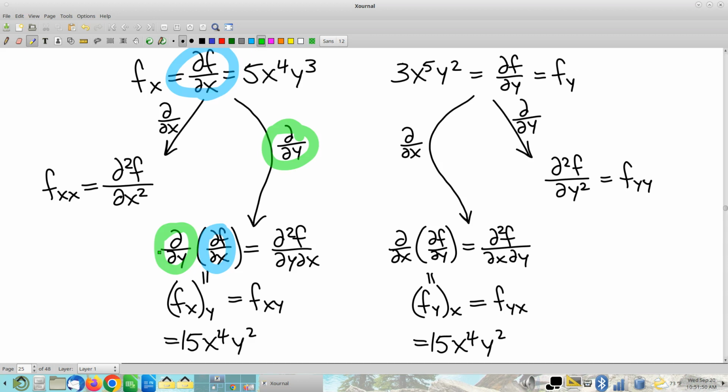If you're going to take a y partial of something, the y partial goes on the left, and the thing you're taking the partial of is on the right. And so unavoidably, if you're going to write this with a single notation, the y is on the left and the x is on the right, and thus this notation.